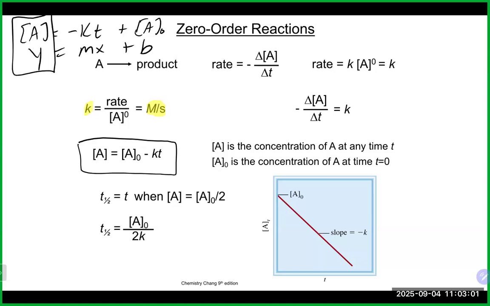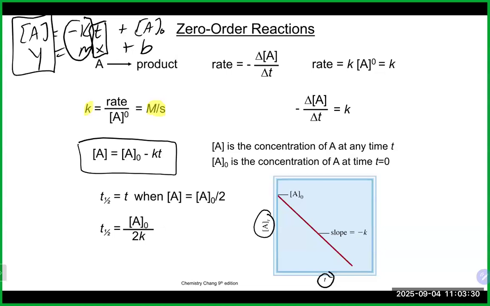Once again, the typical graph that we see is the concentration on the y, time on the x, and that is going to yield us a negatively sloping line. Just like with first order, the slope of that line will equal minus k. Again, for the same reasoning, we have a negatively sloping line. The negative value that you get for the slope, along with the negative in the formula, gives us a positive value for k.